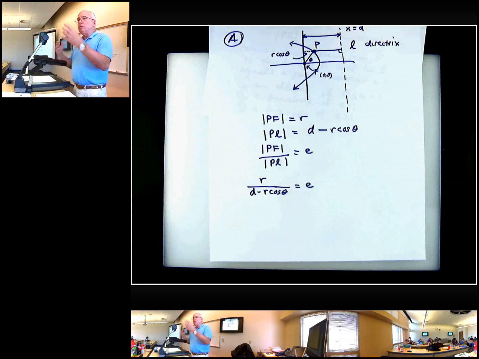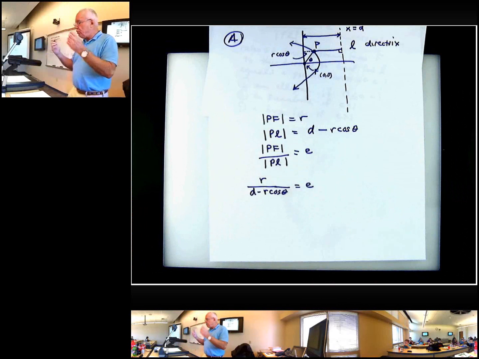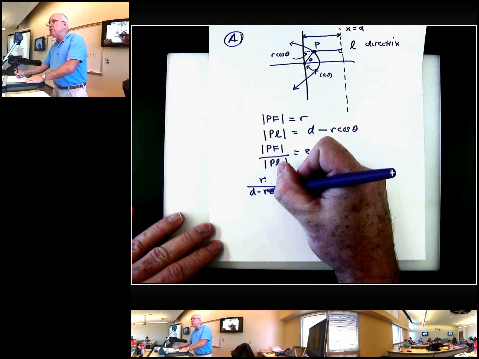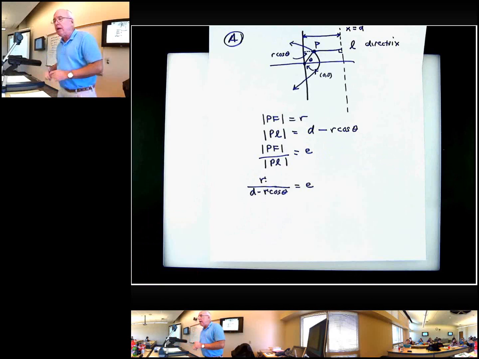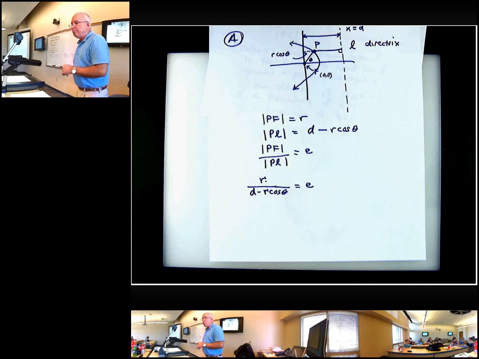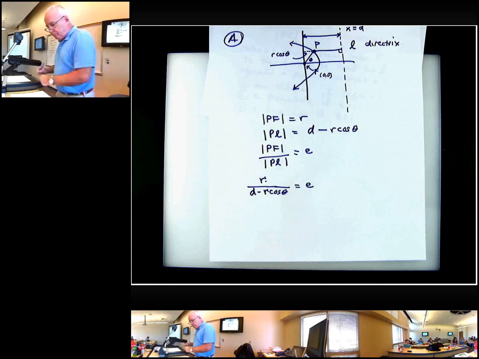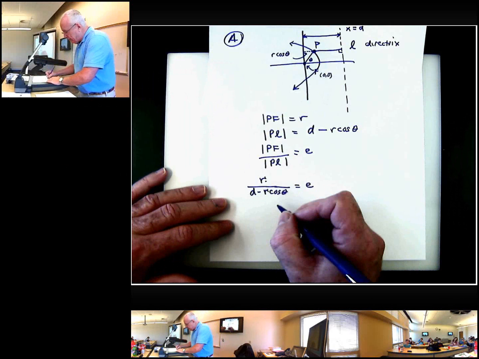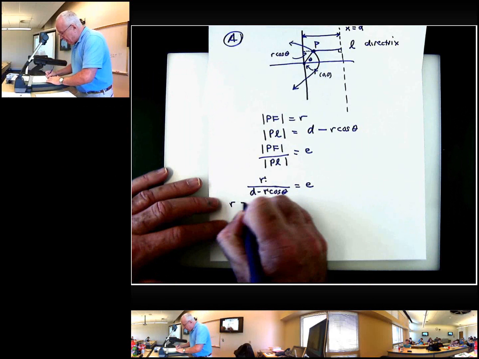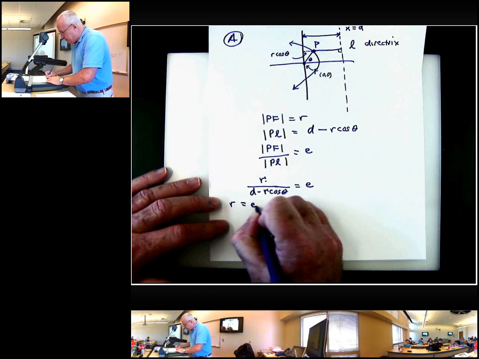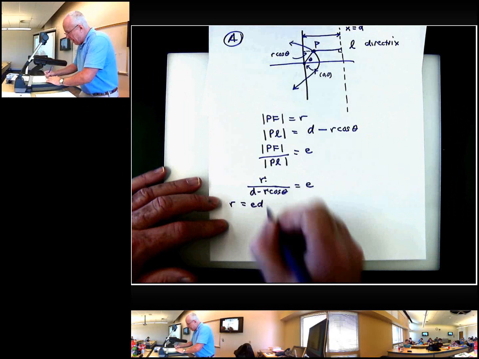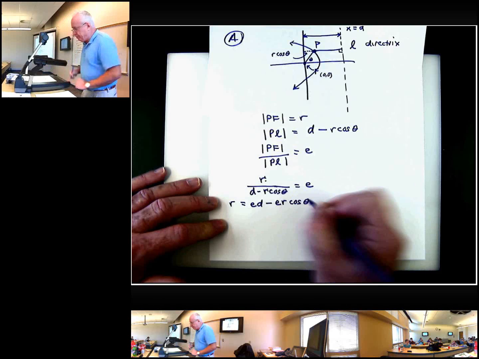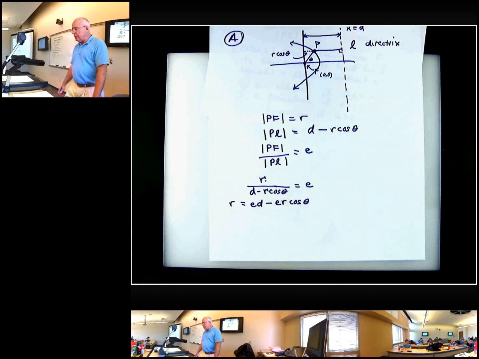Now I'm going to do a little algebra here to solve for strictly r on one side of this equation, so we can have a polar equation. So first of all, let's just multiply by the denominator here. So I have r equals e times d minus e times r cosine theta. So I've just got rid of the denominator.